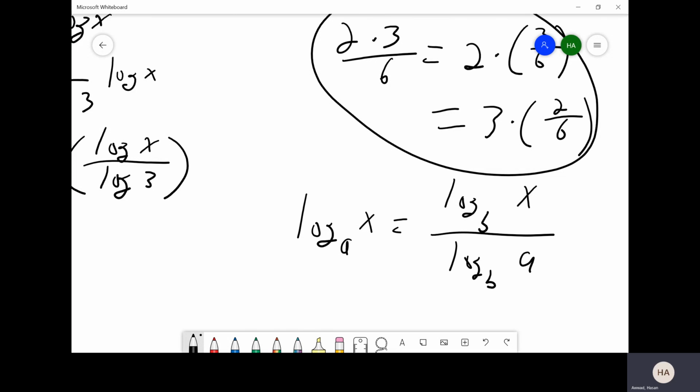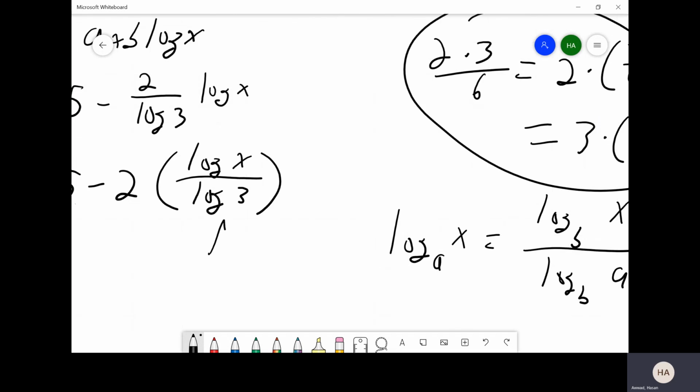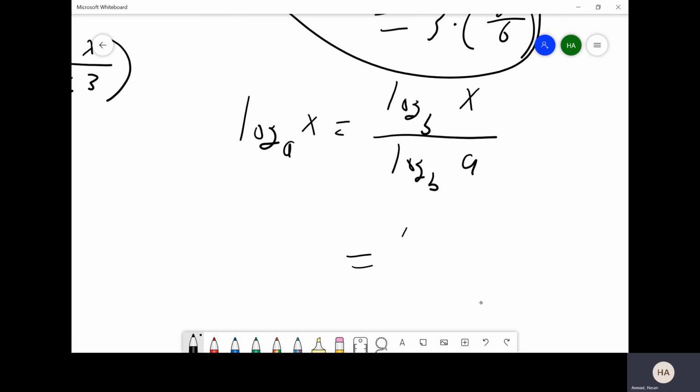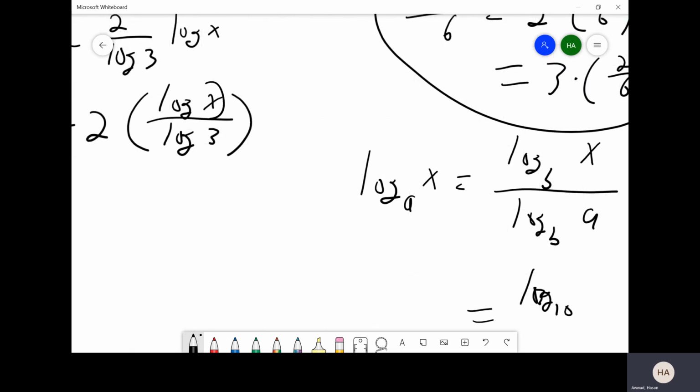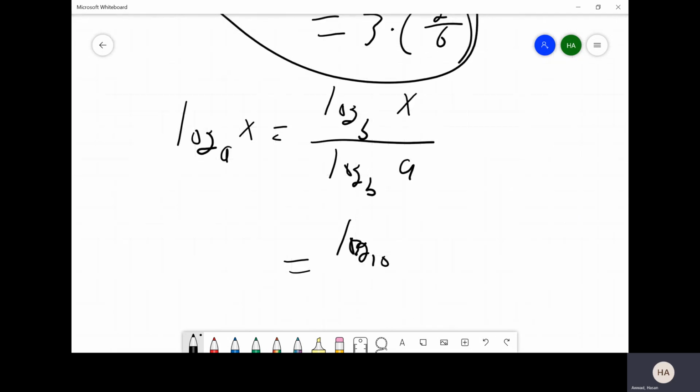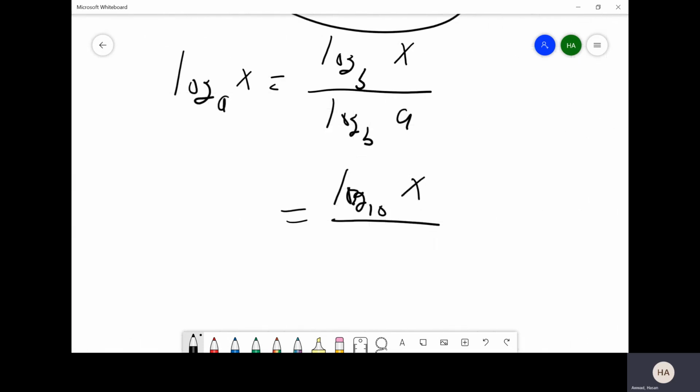So notice, what is the base of both of these? Well, it's 10, right? So this is effectively log, and I'll actually write the 10 this time, even though we don't need to. Log base 10, and what's my value of the top one? Well, my value is just x. We don't know what it is, it's our input. So we have log base 10 of x all over log base 10 of 3.